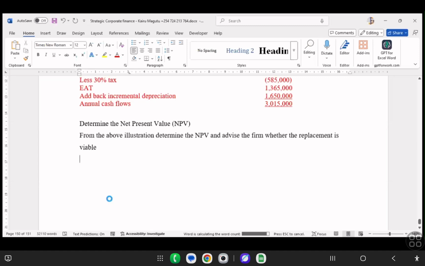Present value of annual cash flow. Given that the cost of capital is 9%. So the present value of annual cash flow is equal to, the annual cash flow is 3015.